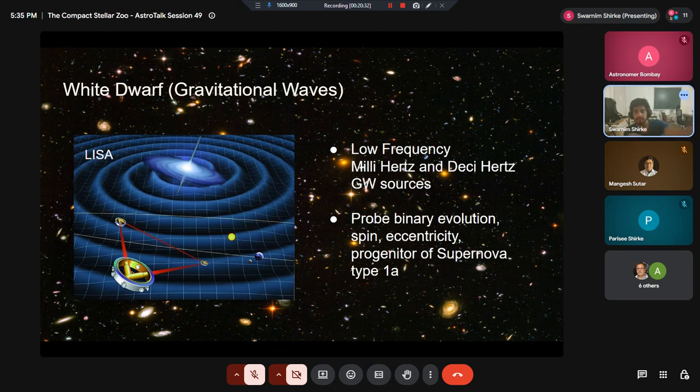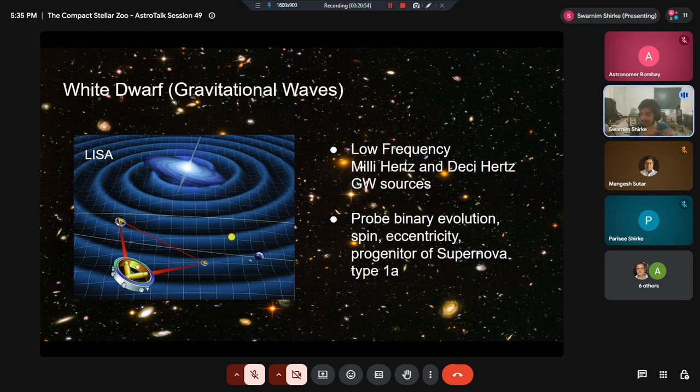These will be operational in space, and this is the future of white dwarf astrophysics. We'll be able to probe the binary evolution, things like the spin, the eccentricity of the orbits, and also understand something called a Type 1a supernova, which is related to white dwarfs.